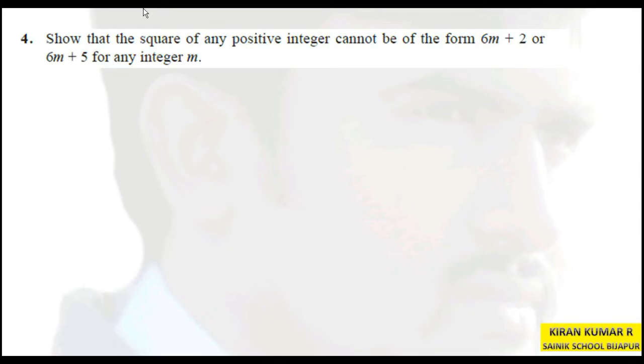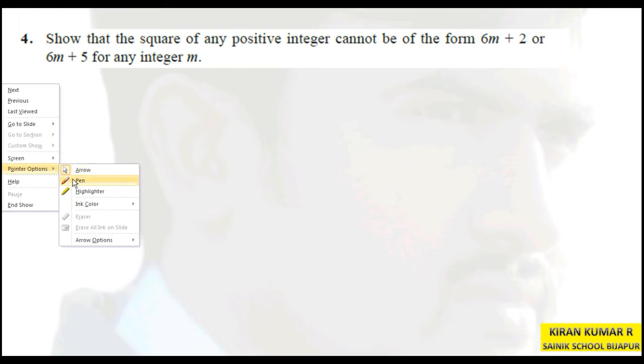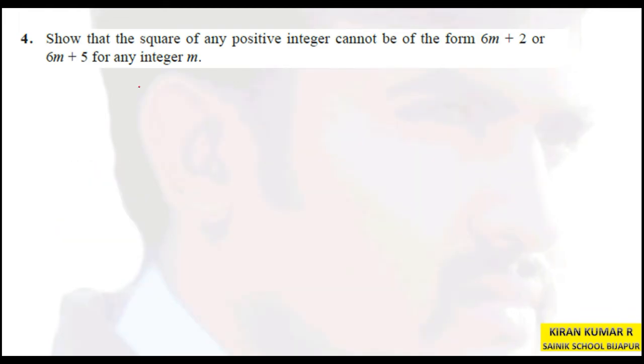Hope you have understood the previous question, where we have shown that it cannot be of the form 5q plus 2 or 5q plus 3. Same way, here we need to express using Euclid's division lemma and show that positive integer square cannot be of the form 6m plus 2 or 6m plus 5 for some integer m.